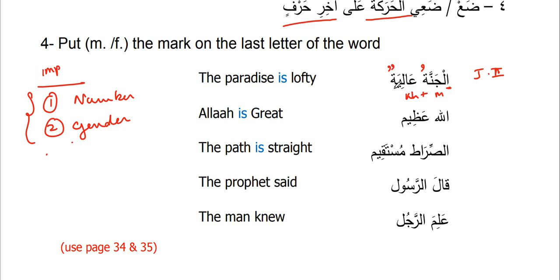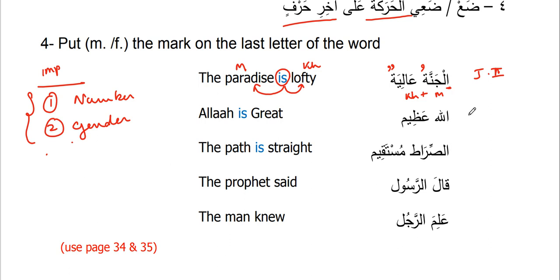So al-jannatu aliyatun. What is the information we are getting about the Jannah? That it is a lofty paradise. Now if you can see the translation, after is the khabar, before is the mubtada. I will write M and I will write KH. Seeing the starting noun, we know that it is jumla ismiyah.